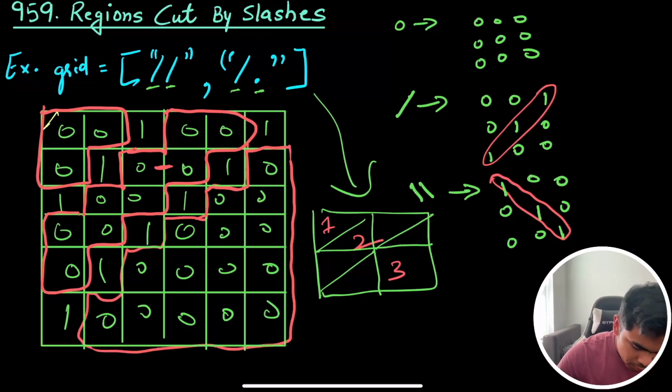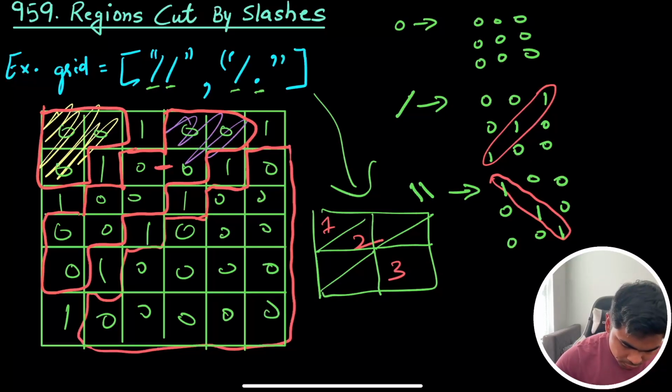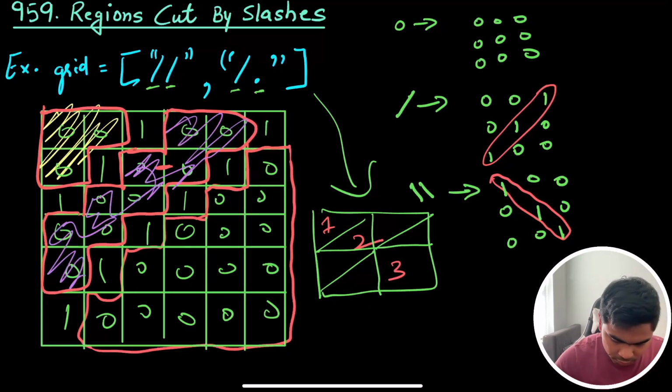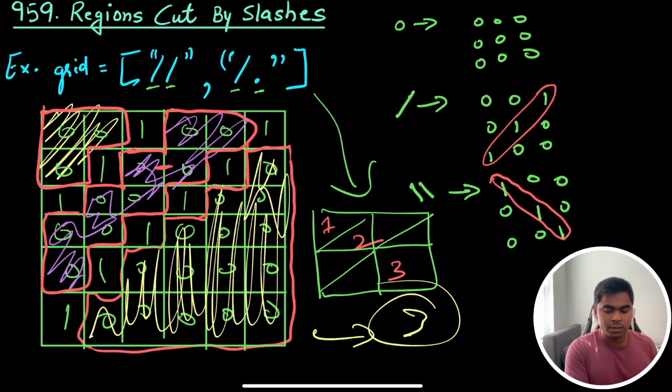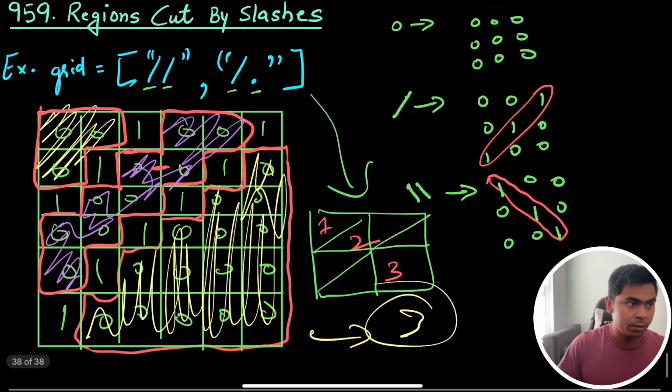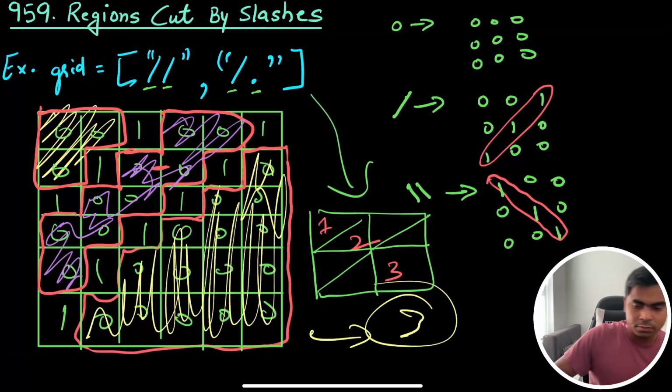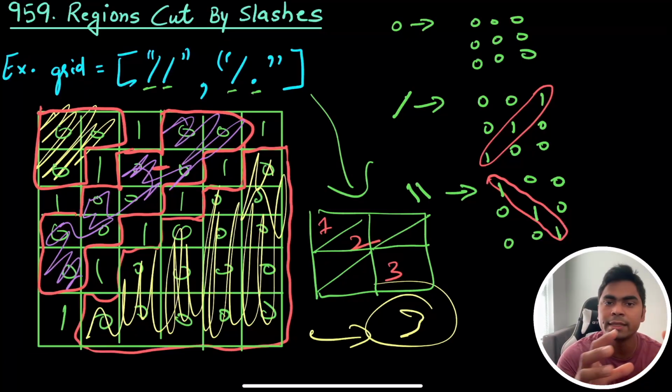So this is one group of zeros, this is the second group of zeros, this one all together, and this is the third group of zeros, this one right here. All right, so that's why this will give us our answer 3, and that is why this is the best approach. So this problem will require us to first convert our grid into how we want it, and then just count these groups of zeros.